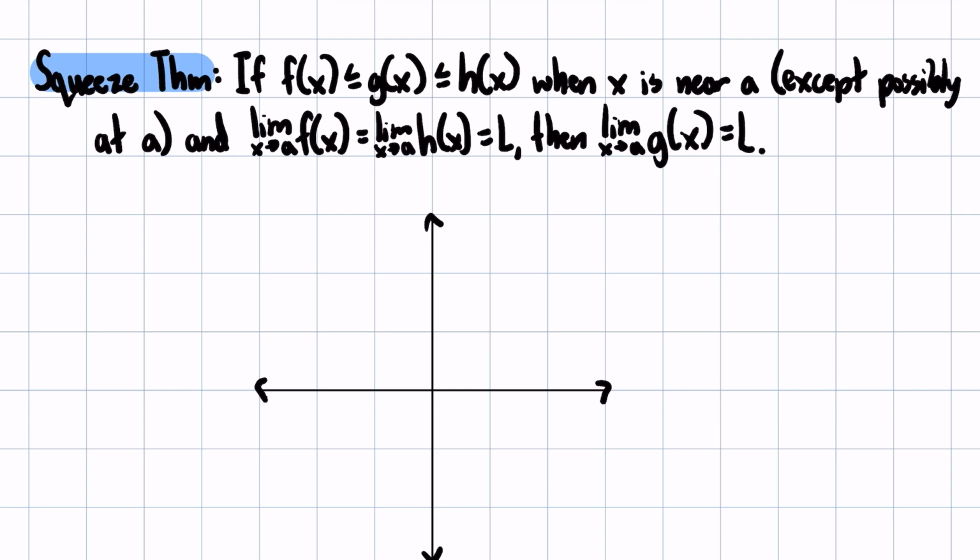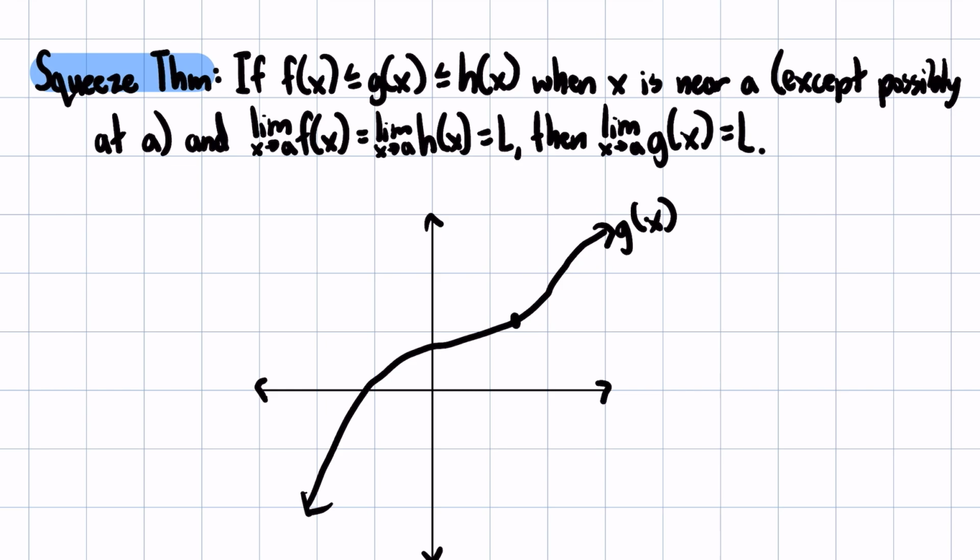And this might be kind of hard to understand in terms of the definition, so I'm going to draw a picture. So say that this is our function g of x, and we want to find its limit here. And we can't see what it would be. We can't figure it out with any of the methods we know.